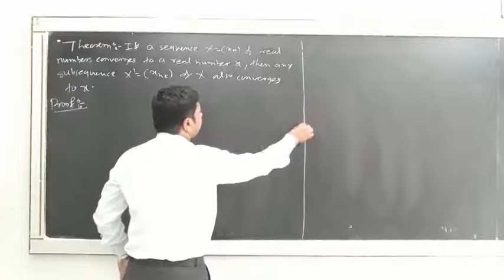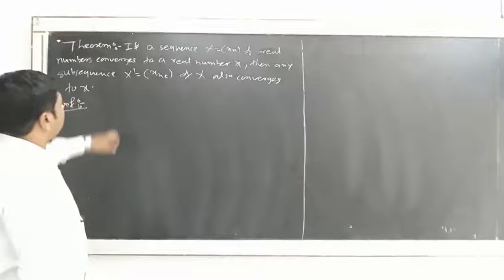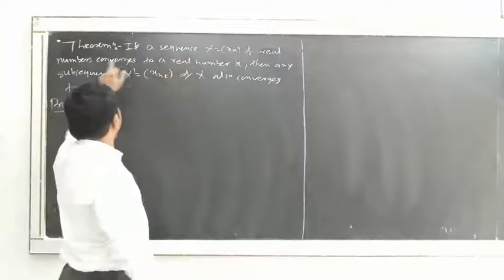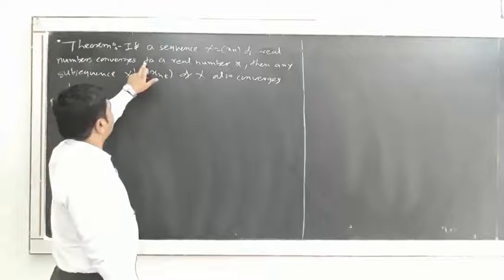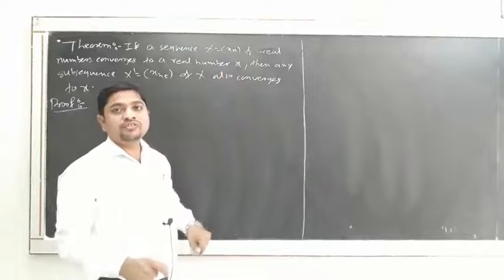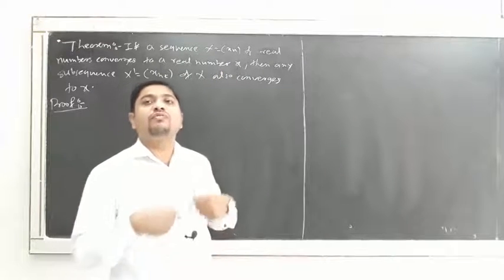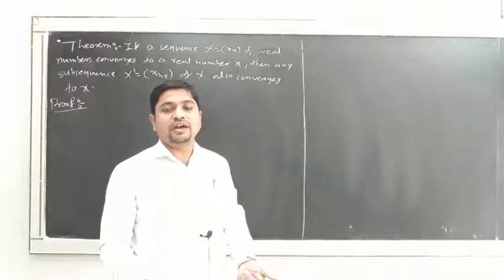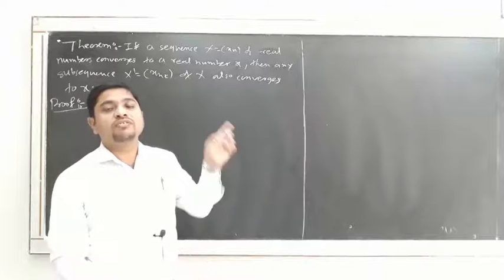What is the theorem statement? If a sequence X equal to (xn) of real numbers converges to x, that means we have one sequence of real numbers and this sequence converges to x.